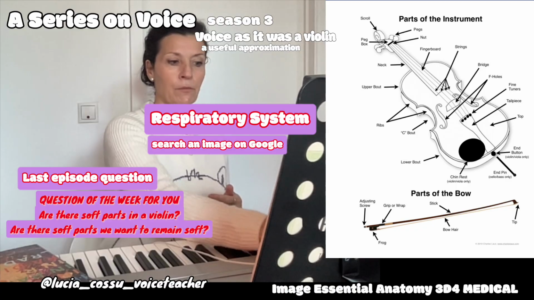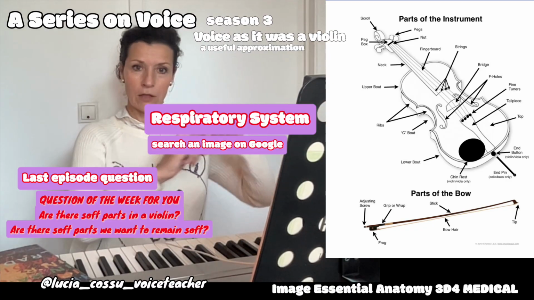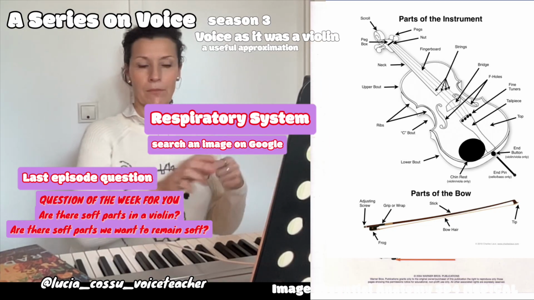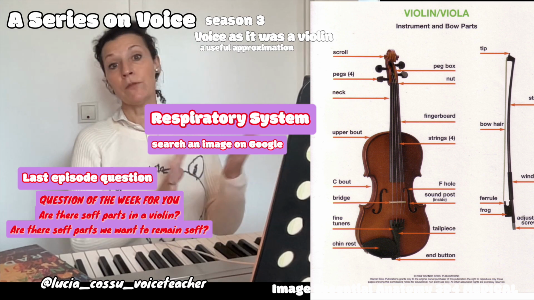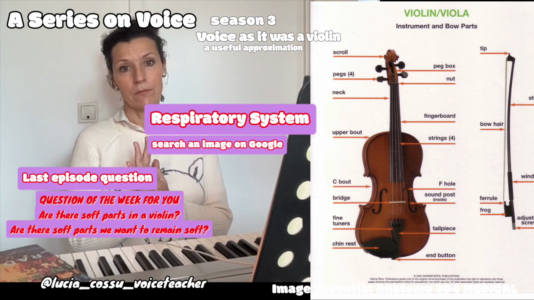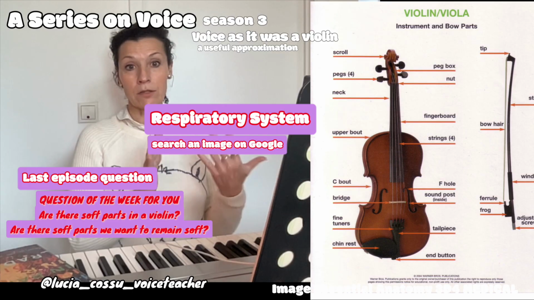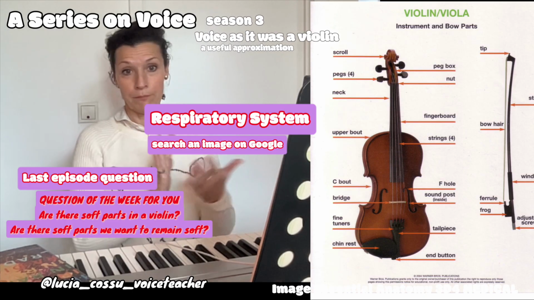When we think of building a violin, we think of building the body of the violin and all the pieces. Then we take the chords. What is the material of the chords? It can be of different kinds. Historically, it was from the gut of, I think, sheep or goats.